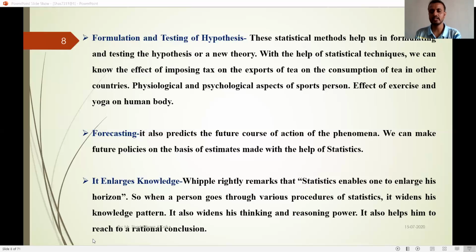It also widens his thinking and reasoning power. It also helps him in reaching rational conclusions. So, by studying these statistics, our knowledge is enlarged and we gain knowledge.